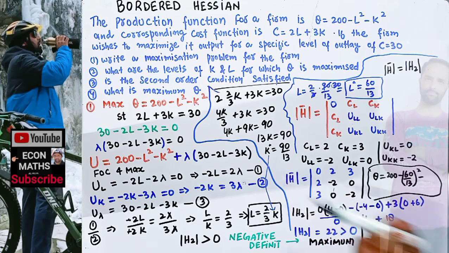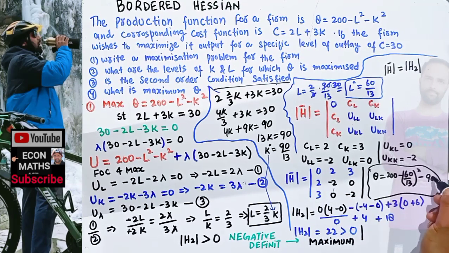Did we calculate it? Yes, we calculated. That is 90 divided by 13 square. Solve it by yourself. You will get the maximum value of Q.